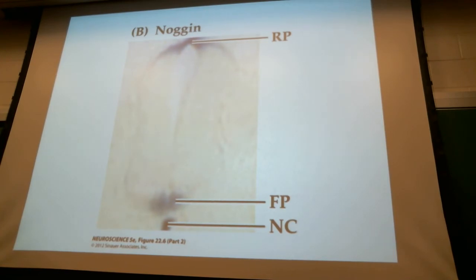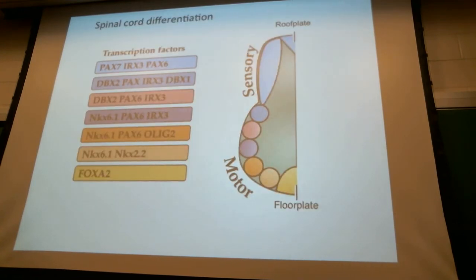Okay, so what kind of neurons will be made by this gradient of two morphogens? The spinal cord is the place where this was completely, intensively studied and well understood.